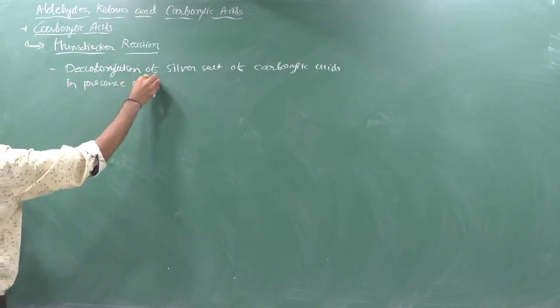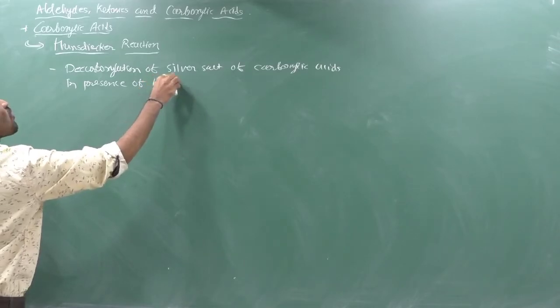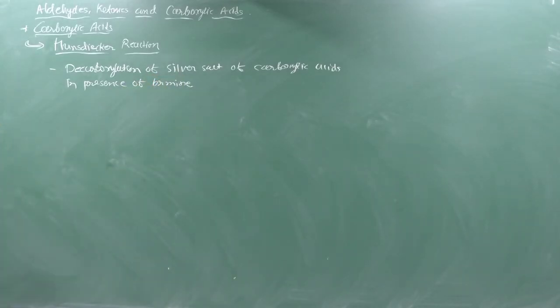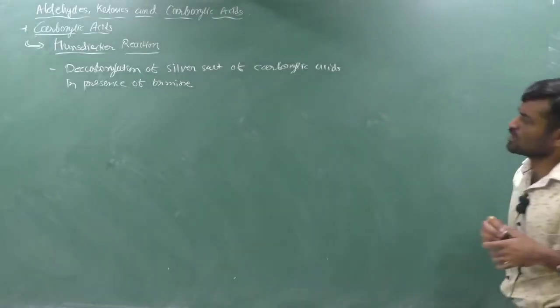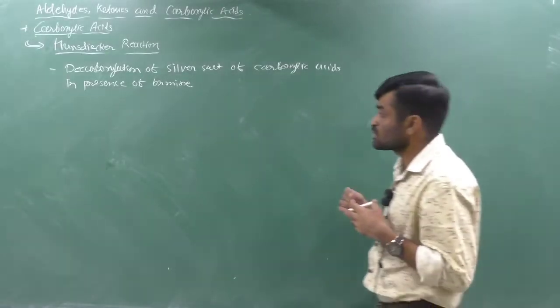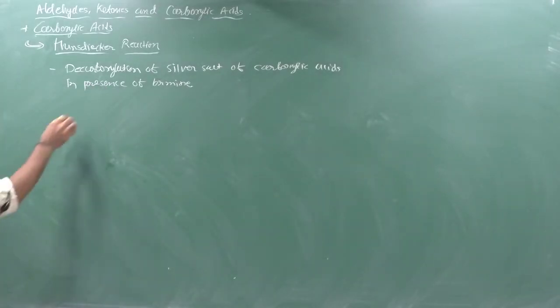Decarboxylation of silver salt of carboxylic acid in presence of bromine is known as the Hunsdiecker reaction. Generally the reaction is like that.